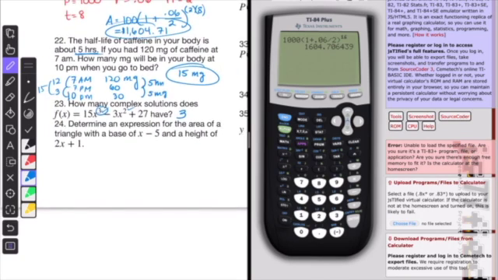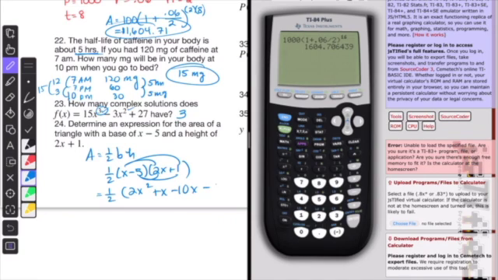24, determine the expression for the area of a triangle. Area of a triangle is 1/2 base times height, with a base of x minus 5 and a height of 2x plus 1. So we'll just go ahead and multiply that out, and that'll be the area. Let's see here, 2x squared plus x minus 10x minus 5.